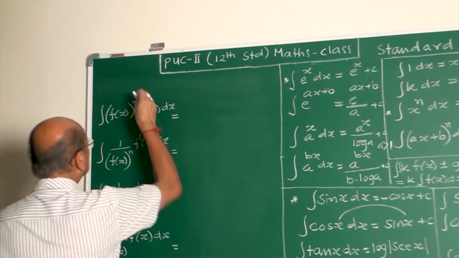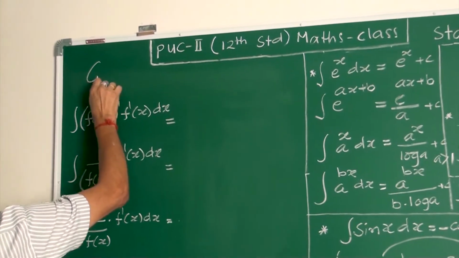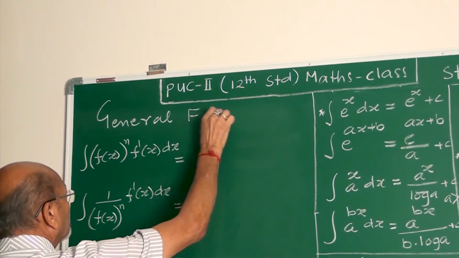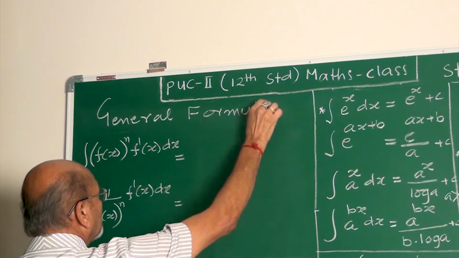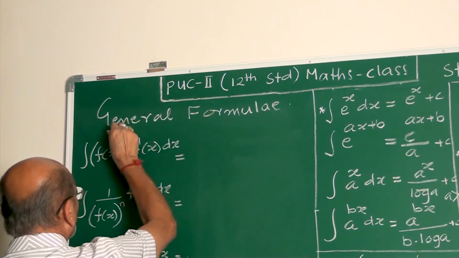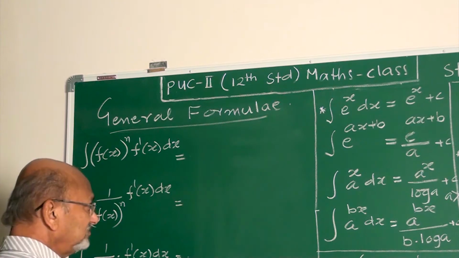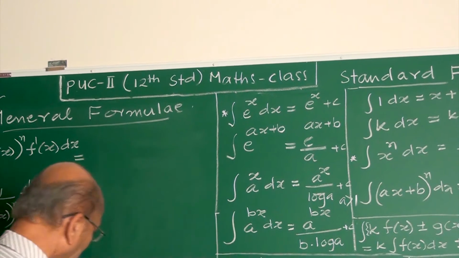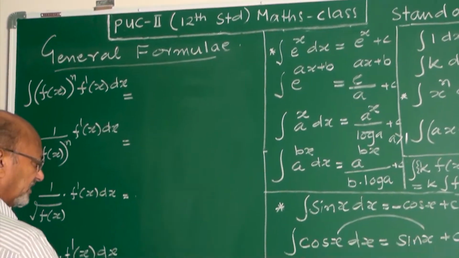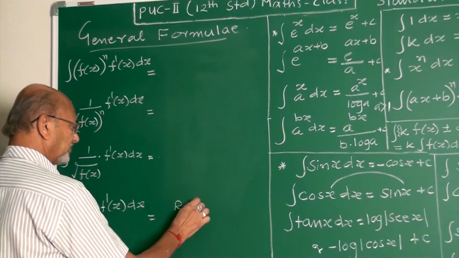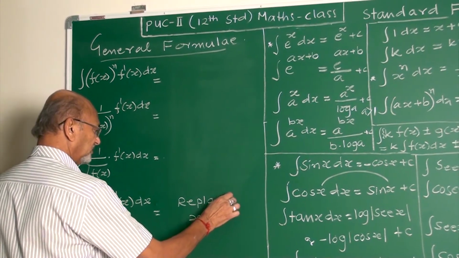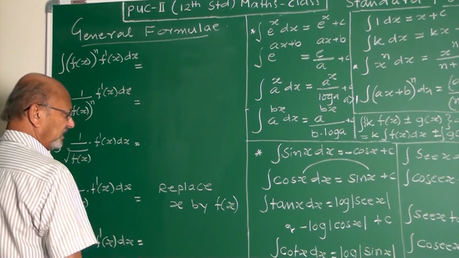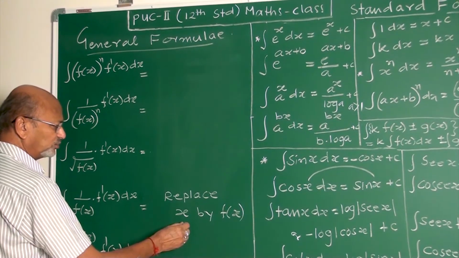Instead of this x, if you replace x by f(x): if it is x, the derivative of x is 1.